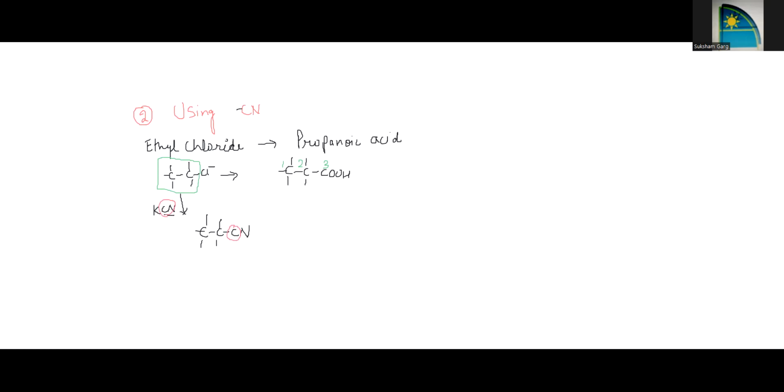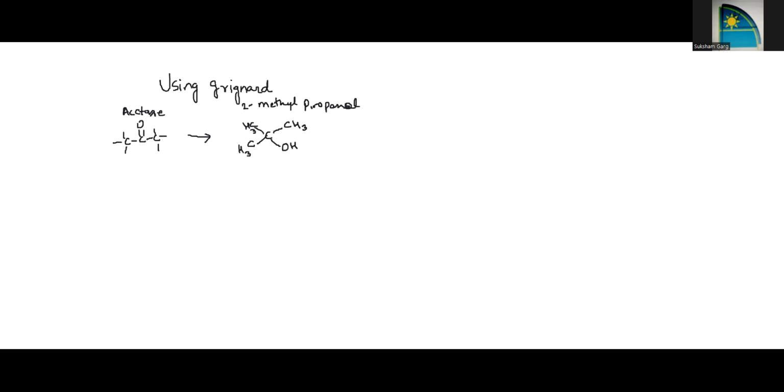After that, you do complete hydrolysis of the nitrile group and convert it to carboxylic acid. So if you have a haloalkane and you want to increase the carbon chain length by 1, you use nitrile because nitrile contains carbon.